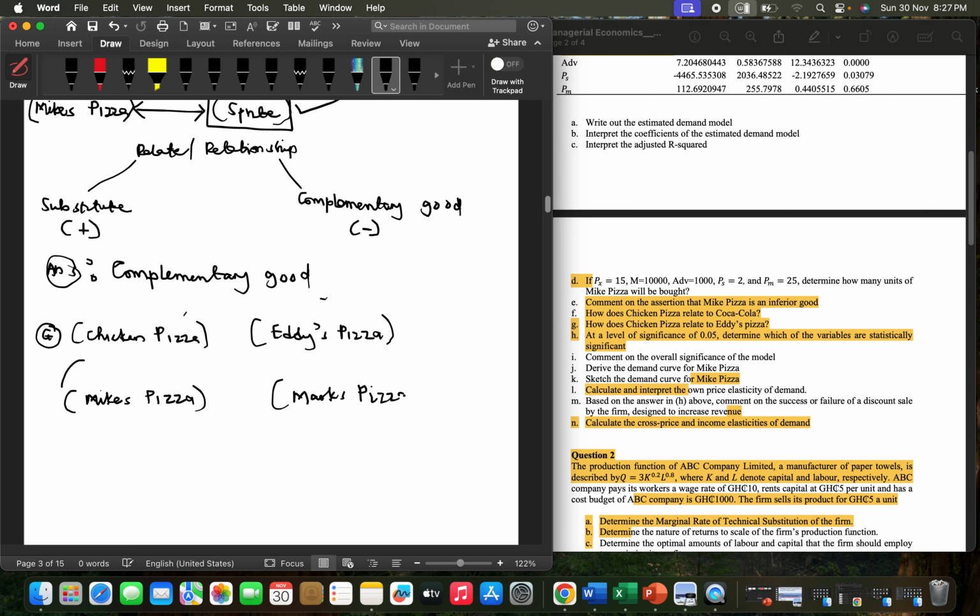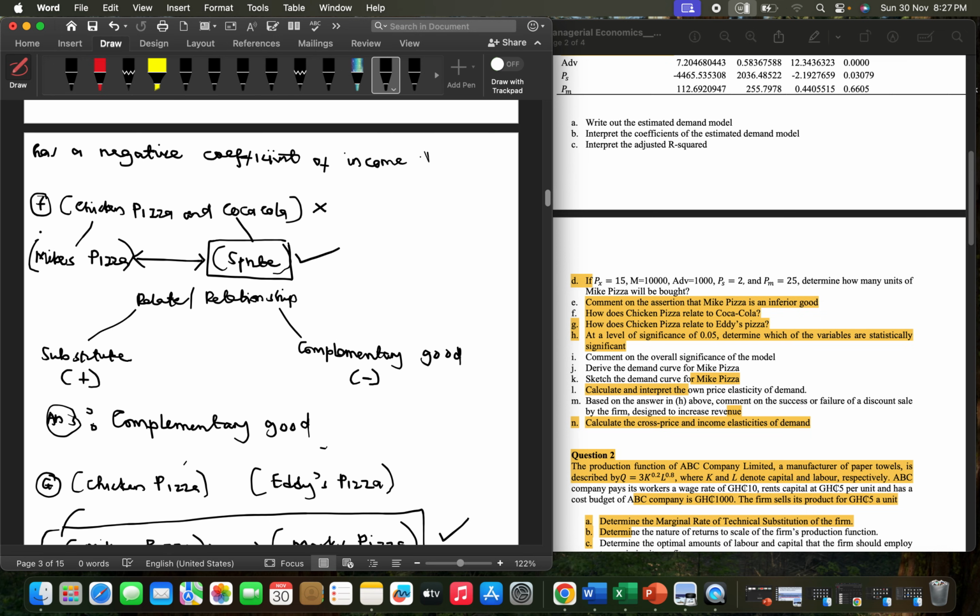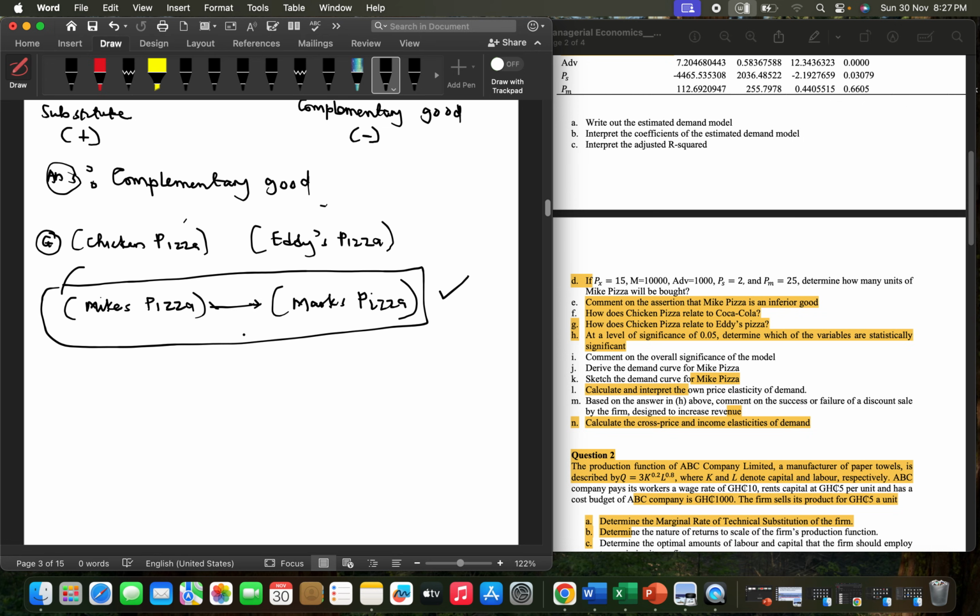So we are correcting the question. This should have been the question. This is the correct one, but not the first one. How does Mike's Pizza relate with Max Pizza?